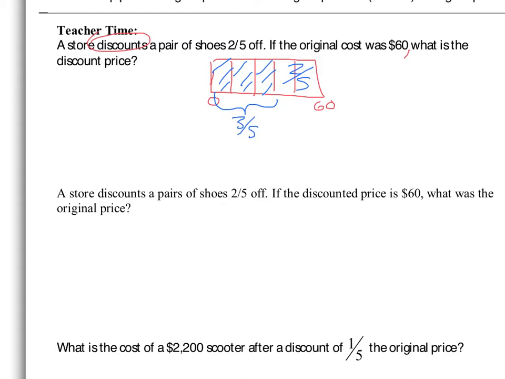So that's what I'm going to end up paying. What is the discount price? The discounted price is 3/5 of the original price. And that's as far as I want to go. I'm not really worried about solving it. If you really want to solve that one, this one's going to be $36.